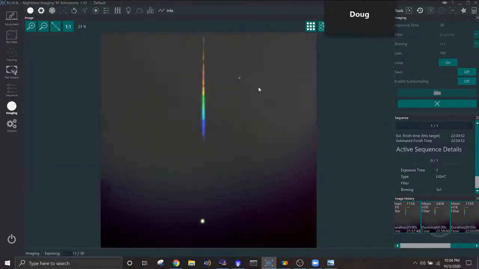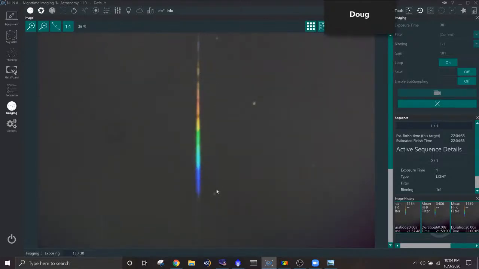Mike McKeague says, makes me want to take up spectroscopy. Yes, you need another hobby, Mike. There are so many subdivisions within astronomy that you can explore. You have visual astronomy, astrophotography, which itself can be deep sky or wide field or planetary photography.